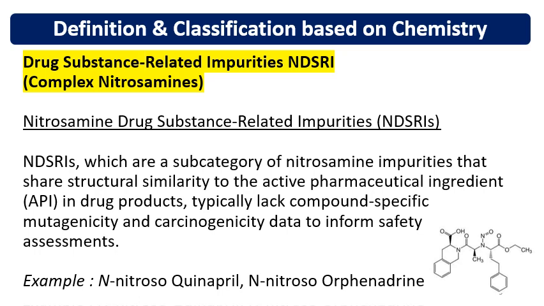The example of complex nitrosamines is N-nitrosoquinapril, and its API is quinapril. So if quinapril is having a nitroso group, then it will form an impurity, N-nitrosoquinapril. Then N-nitrosoorphenadrine. These are the typical examples I have taken. Many you can find from the literature.